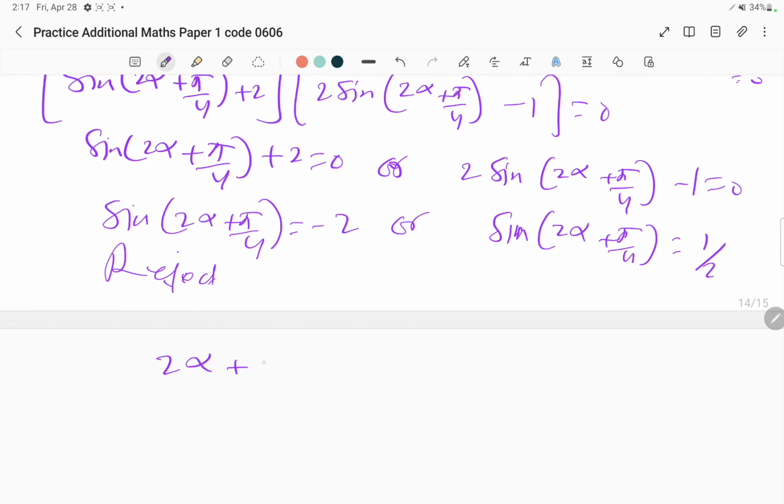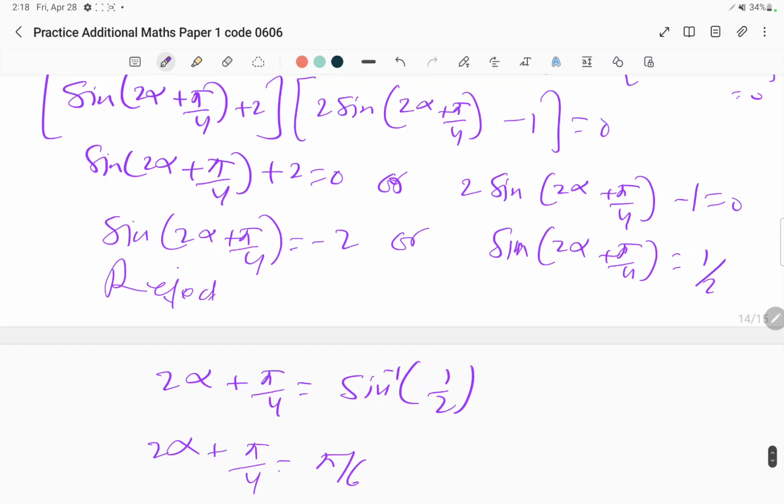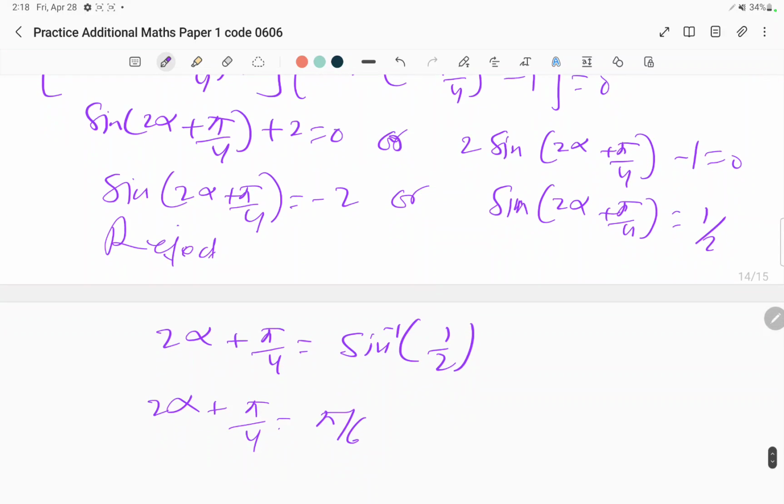And then 2 alpha plus pi by 4 equals sine inverse of a half. Now 2 alpha plus pi over 4 equals pi by 6, right? But there are many other possibilities as well. Here we have to check sine is positive.